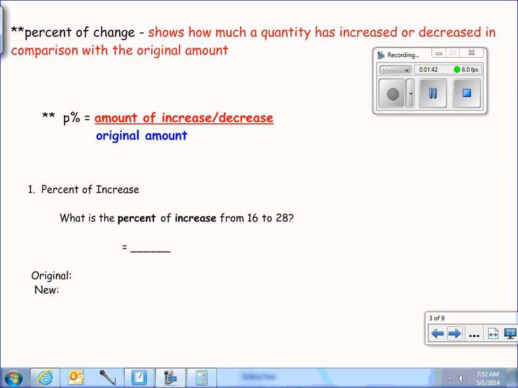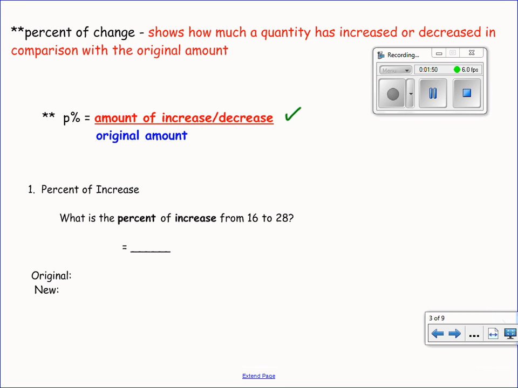Percent of change shows a quantity has increased or decreased in comparison with the original amount. This is the formula that you're going to have to remember. In order to find what the percent is, you take the amount of increase or decrease, that's going to be your numerator, over your original amount. So let's do an example of this.